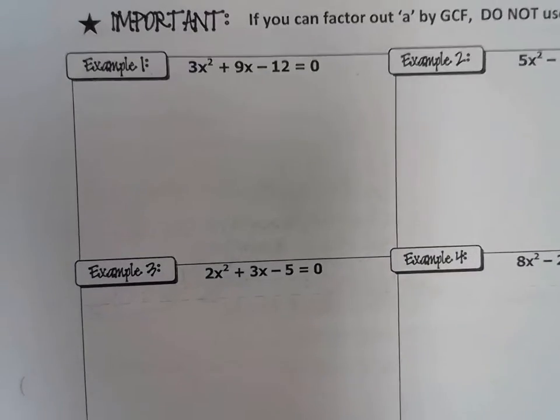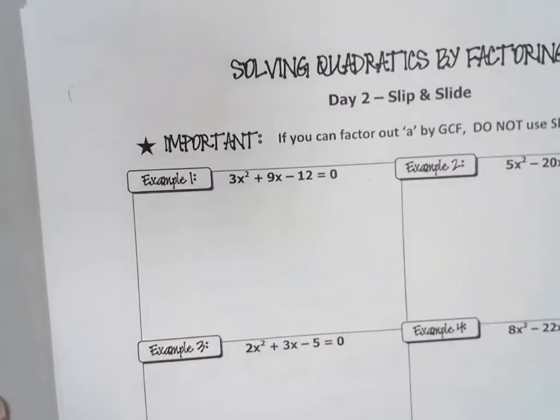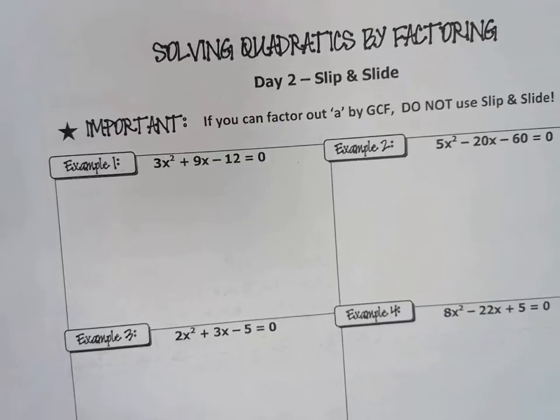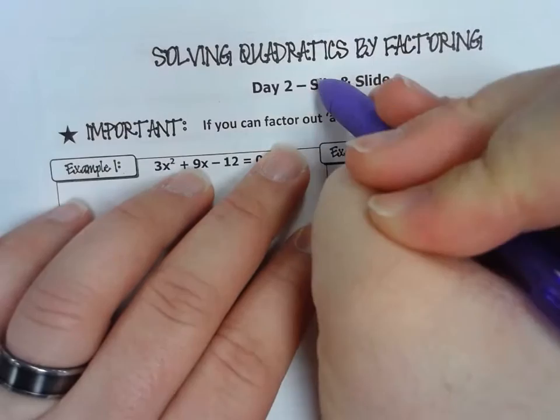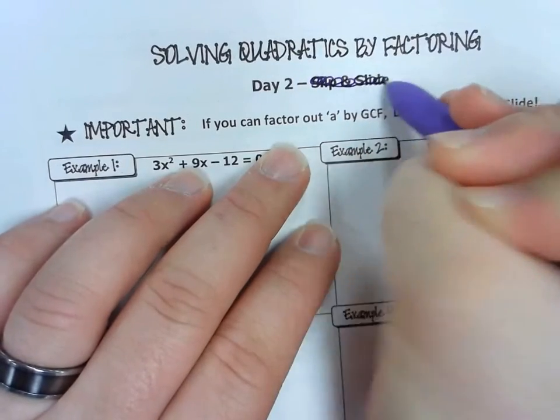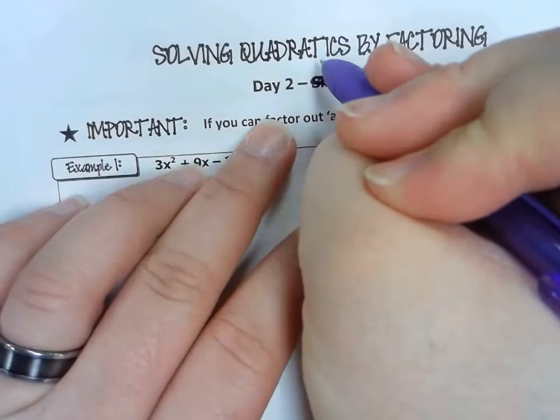Sixteen, that's doable. Okay, so let's look at solving quadratics by factoring, day 2. Now, whoever made this uses the term slip and slide. Basically, it's the trickier trinomial, if you look at your reference sheet.